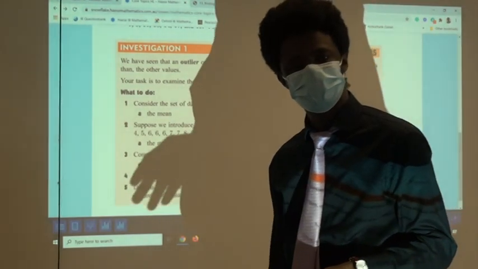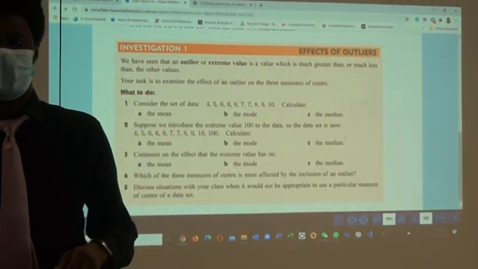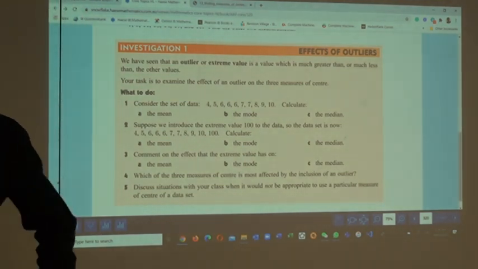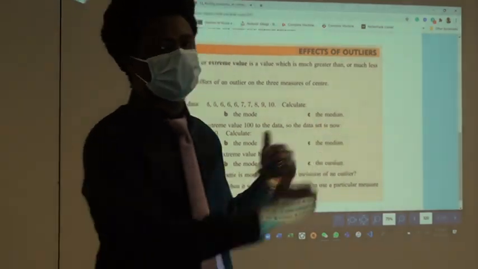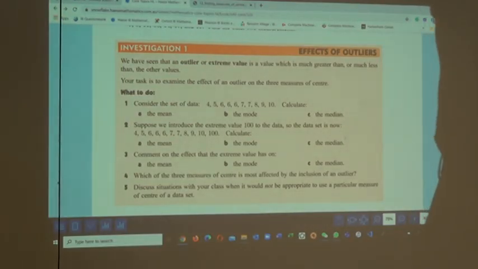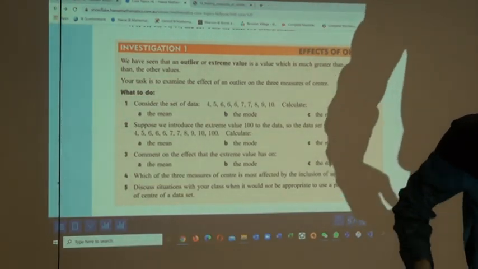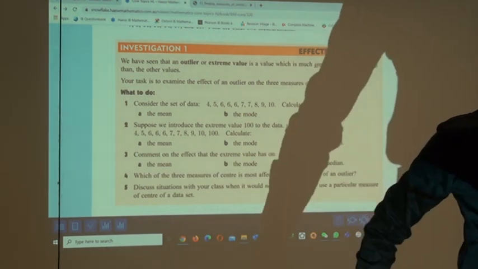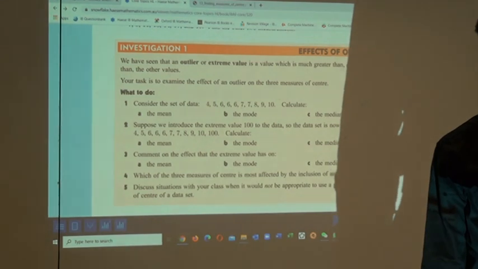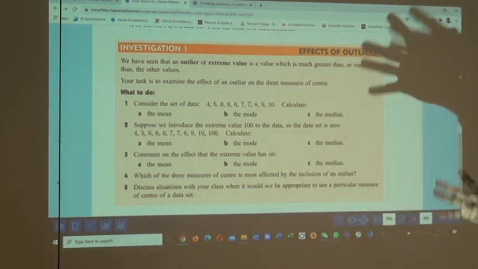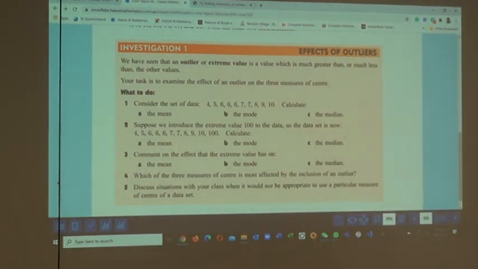It's when a value doesn't follow the rest of the data, always standing on its own, either towards the right or towards the left. If it is towards the right, it is much higher than the original maximum. If it is towards the left, it is smaller than most of the data. So this investigation captures the effects of an outlier on the statistics we have just talked about.